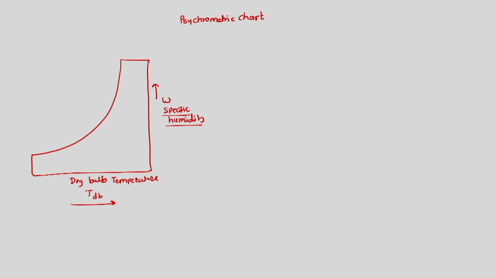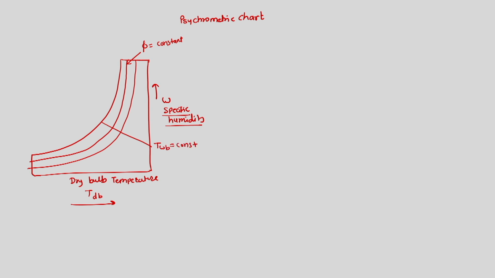Here we can show different lines. The first line we can show is this, and such lines are constant phi lines, in which phi, the relative humidity, is constant. Then we can also draw two lines. One is this kind of line which has T wet bulb constant.